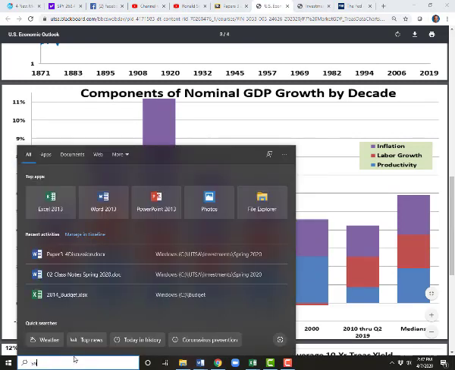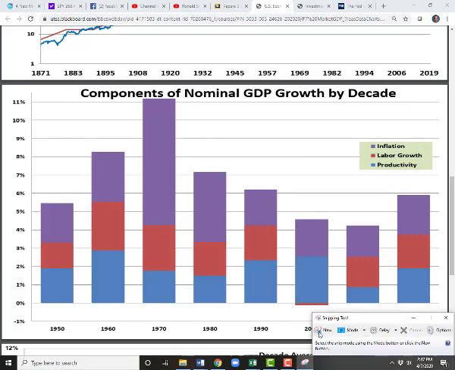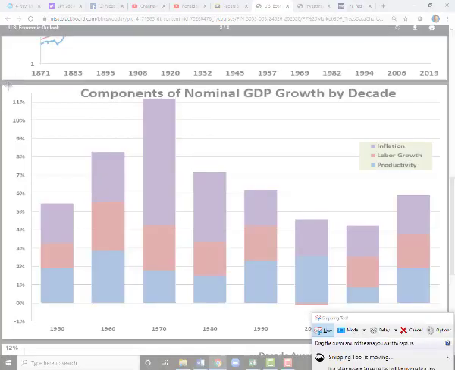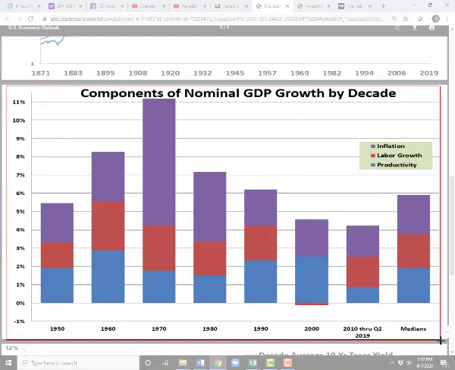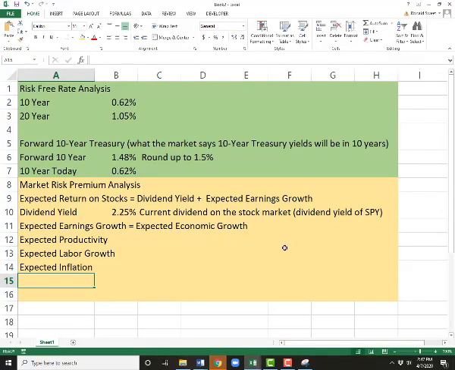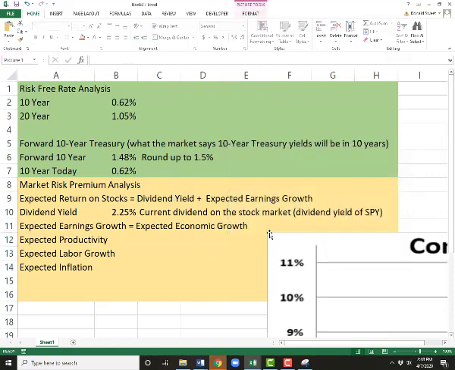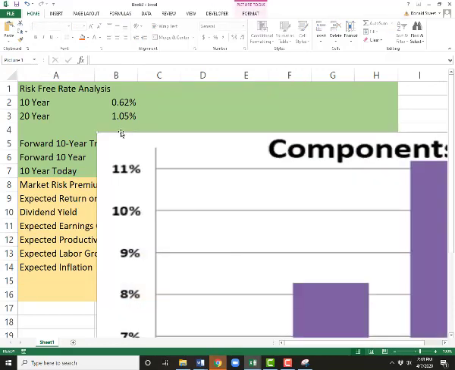I'm going to use the snip function, and I'm going to take this and bring it into my Excel file. You'll do it into your Word document. Shrink it down some.